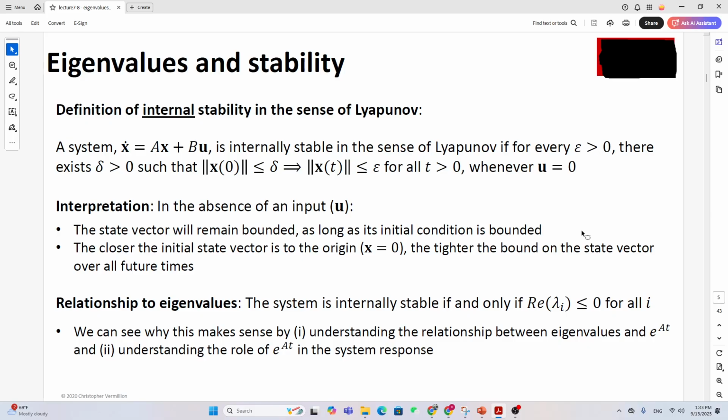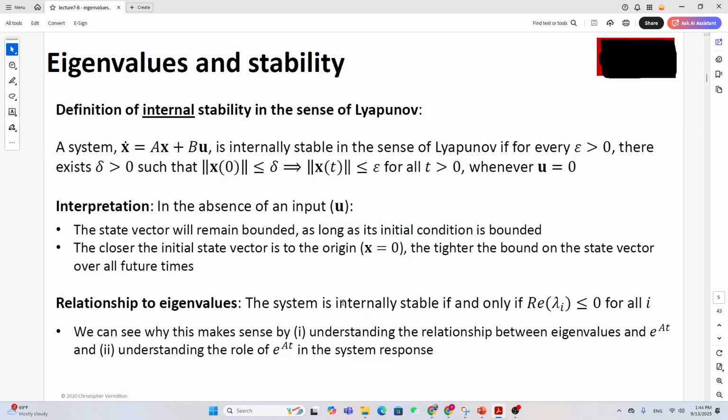So in the absence of an input, which is your internal stability, the way we understand it is that as long as the initial condition is bounded, you should also have a bounded output. That's what we just mentioned.